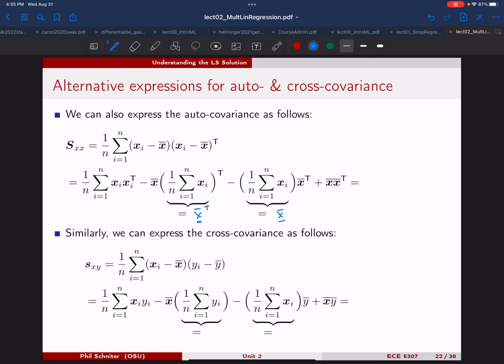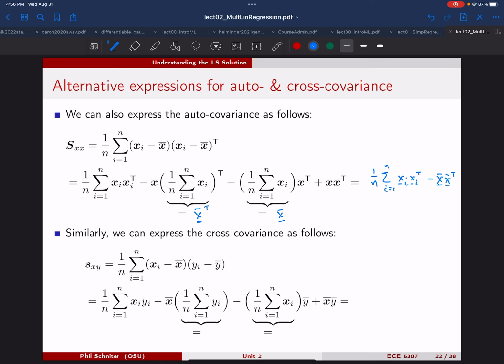So finally, you can see that this is minus x bar transpose, another minus x bar transpose, and a plus x bar transpose. So finally, we get the first term, which is the sum over all of our xi's. And then we have minus x bar transpose.